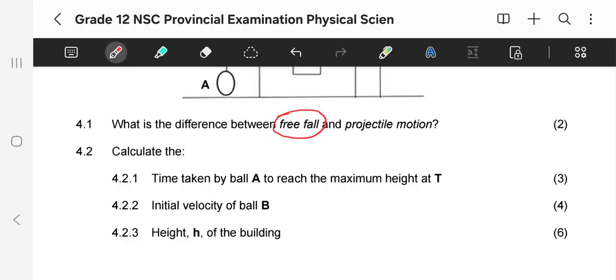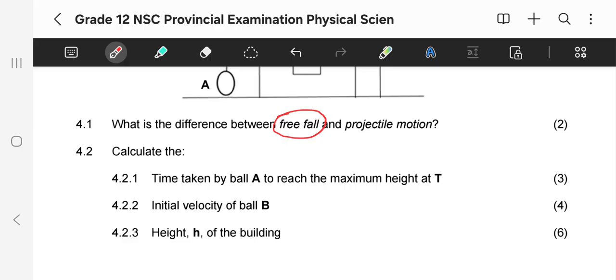Let me repeat that. Projectile motion is the type of motion whereby an object is given an initial velocity and it moves under the influence of gravitational force only. Yes, that's how we differentiate those two things. I hope that makes sense. All right, and then we go to 4.2.